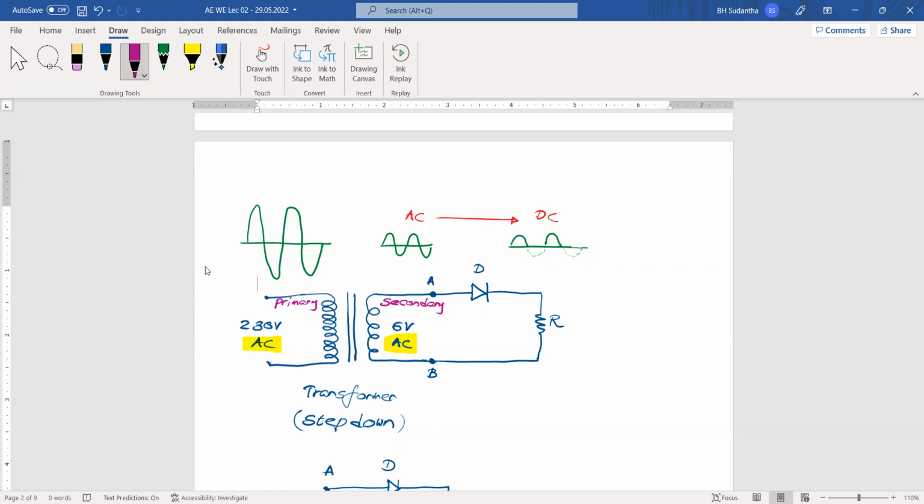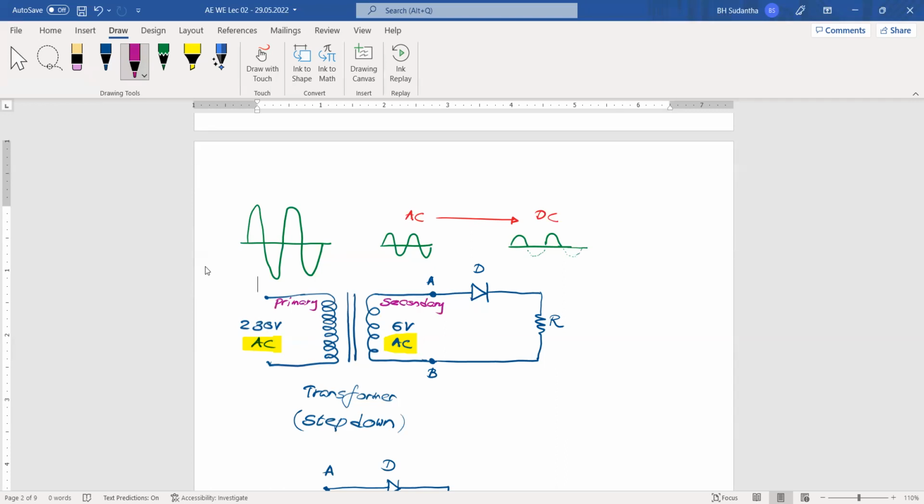And here we have used a step down transformer. When you input this 230 volt, this much higher voltage, the resultant output voltage may be lower. It is not necessarily 6 volts; it may be 12 volts, 3 volts, 24 volts, 48 volts, like that. The secondary side output voltage can be varied depending on the transformer design.